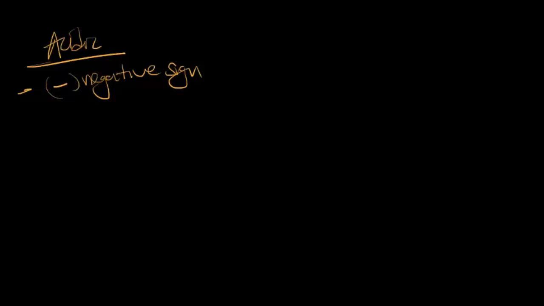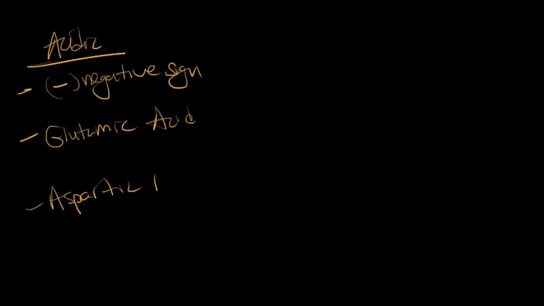Now, that's how you can recognize one by its chemical structure, but not always do we show you the chemical structure. So we also want you to know the 2 acidic amino acids by name. The first one is glutamic acid. Then the second one, aspartic acid.